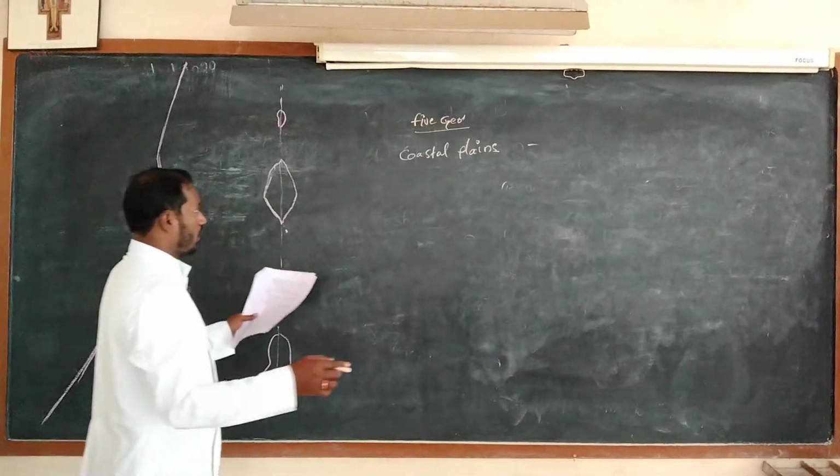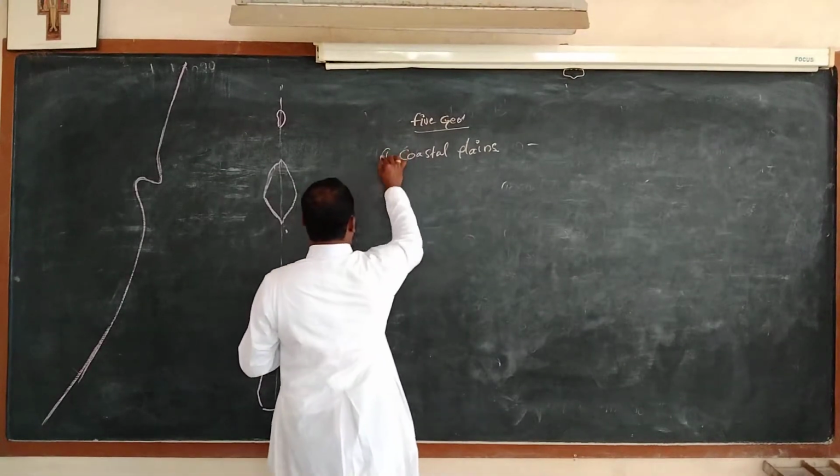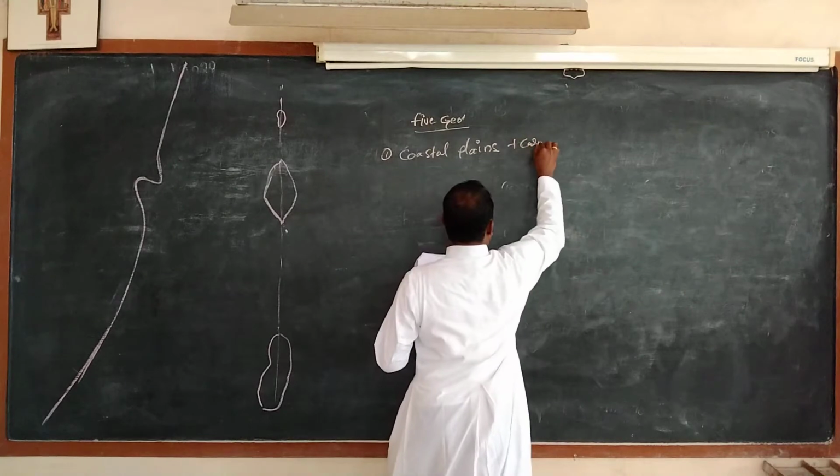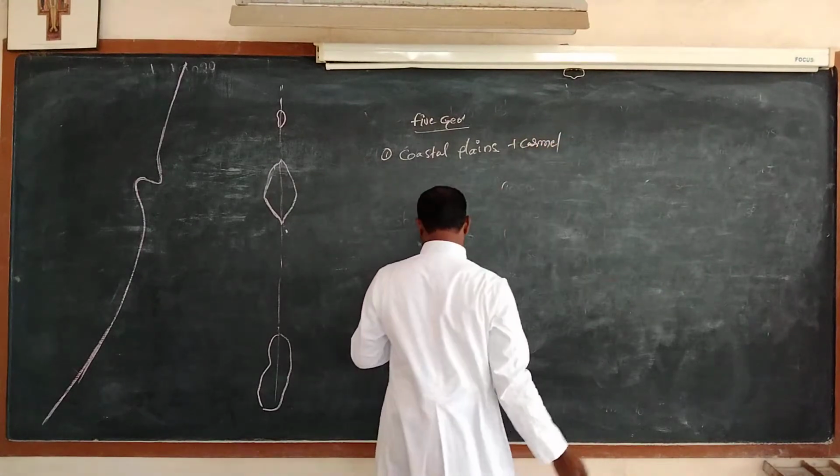First we'll see the divisions, then we'll see the map. Coastal plains and Carmel mountain.